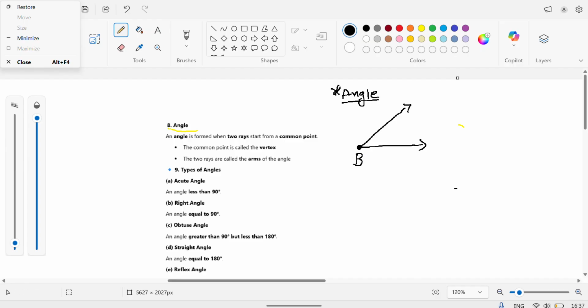Let's suppose this common point is B, this point is A, and this point is C. From B two rays are generated, BA and BC, and the shape created by those two rays is called the angle.